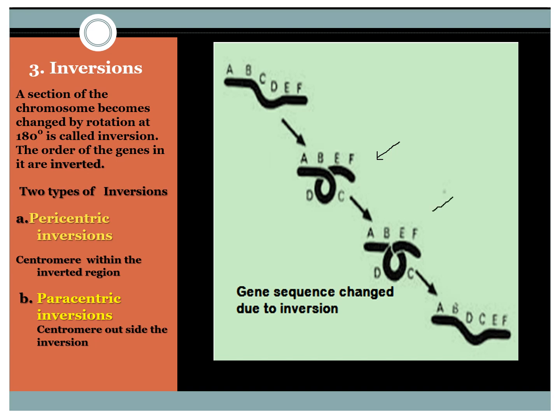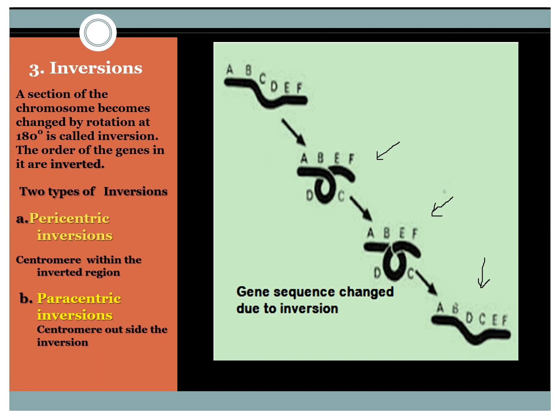This is a small break occurring at the point of inversion. Reunion of broken ends takes place in a new combination of genes. See here, after the reunion of broken ends, it forms a complete chromosome, but the genes are reversely arranged in a particular piece of chromosome.